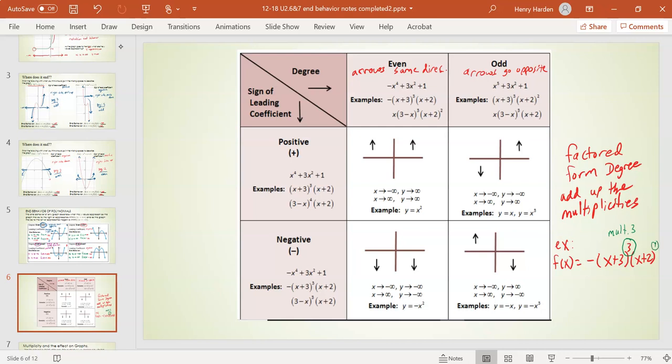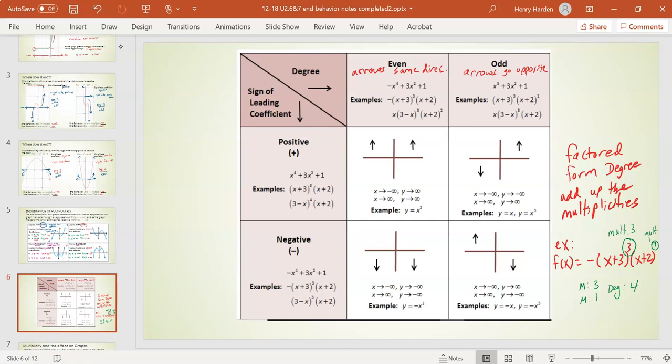Here, because there's nothing there, it is a multiplicity of 1. So you add those up. If you see this, that means multiplicity 3. And if you see this, that means a multiplicity of 1. So that means the degree of this function is 4. You add those together. All right, that's how you determine if it's going to be an even degree or an odd degree when it's in factored form.